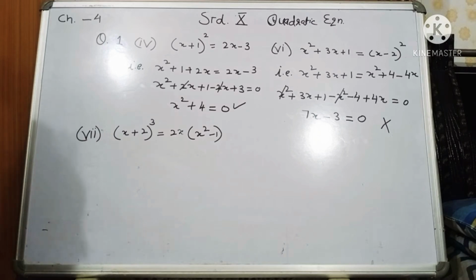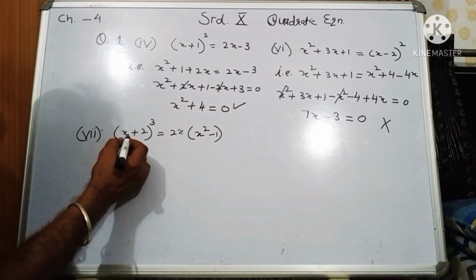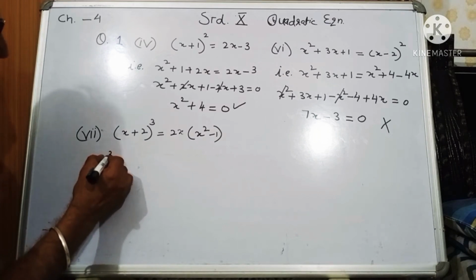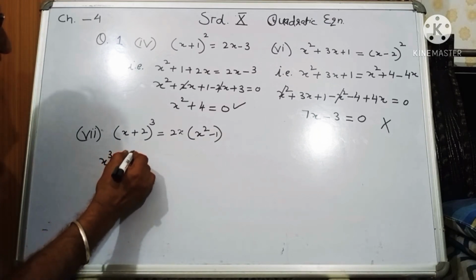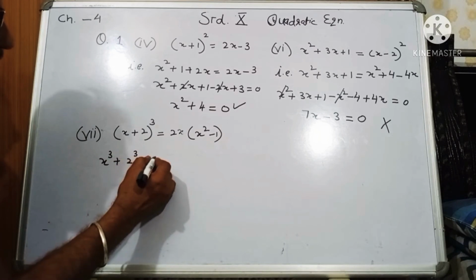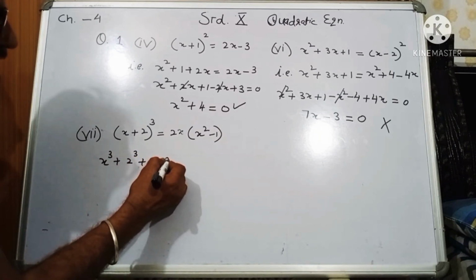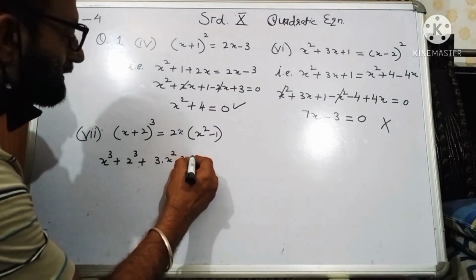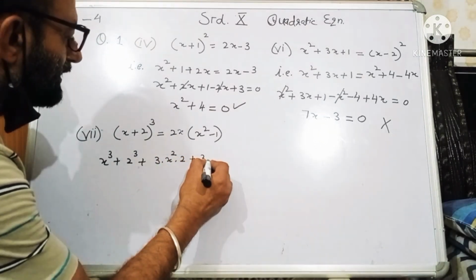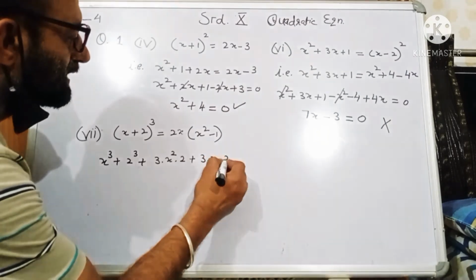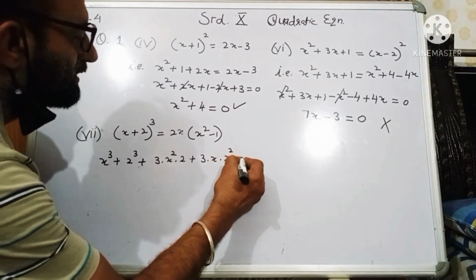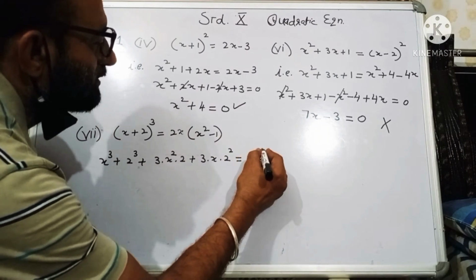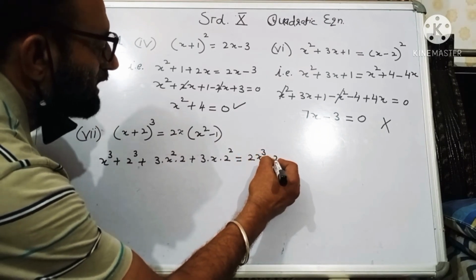All of you know this formula very well. a cube, that is x cube, plus b cube, that is 2 cube, plus 3 into x square into 2, plus 3 into x into 2 square, is equal to 2x into x square, 2x cube minus 2x.